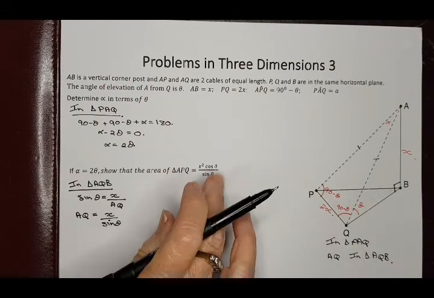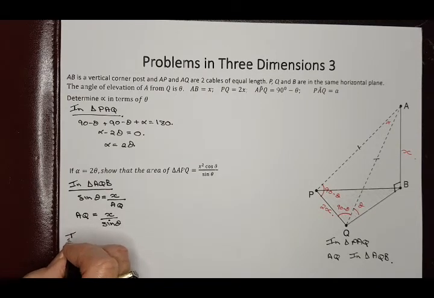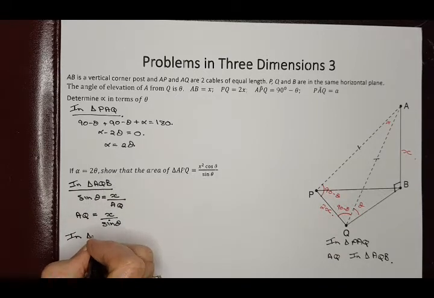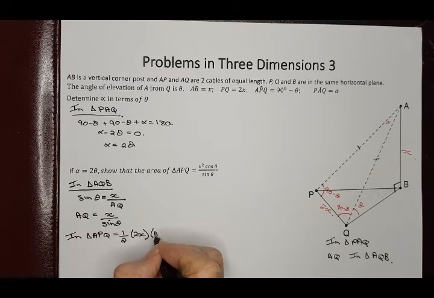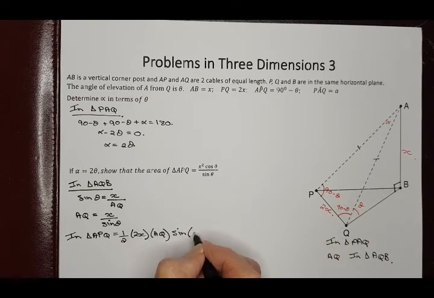And so the area, now I'm working in this inclined plane, the area of triangle APQ is a half times 2x times AQ times sine of the included angle.